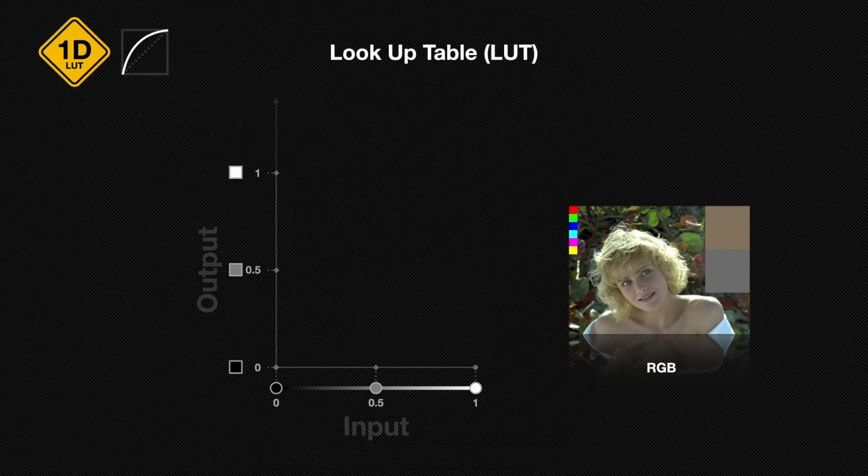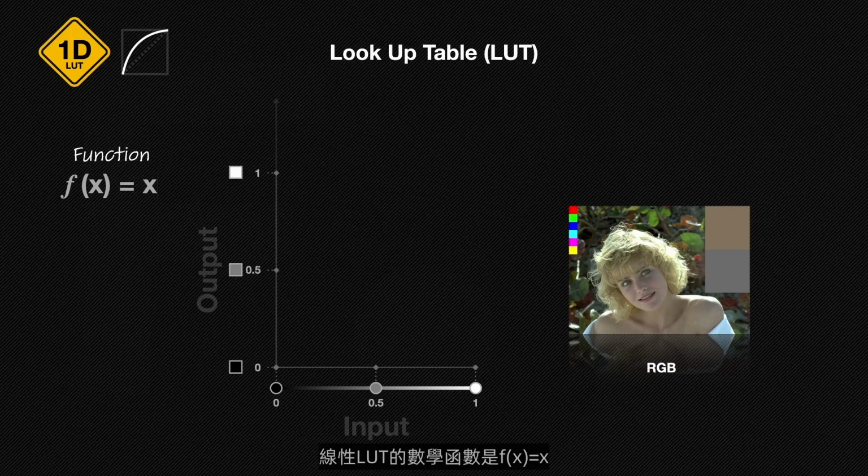Let's have a look. The mathematical function for the linear LUT is f(x) = x. The f(x) means every input value, and what is after the equals sign is the formula to calculate the resulting value for every given input value, the output, or in this case, y.